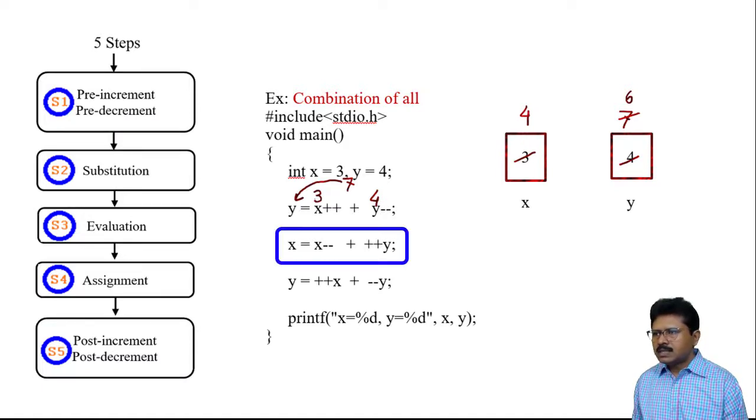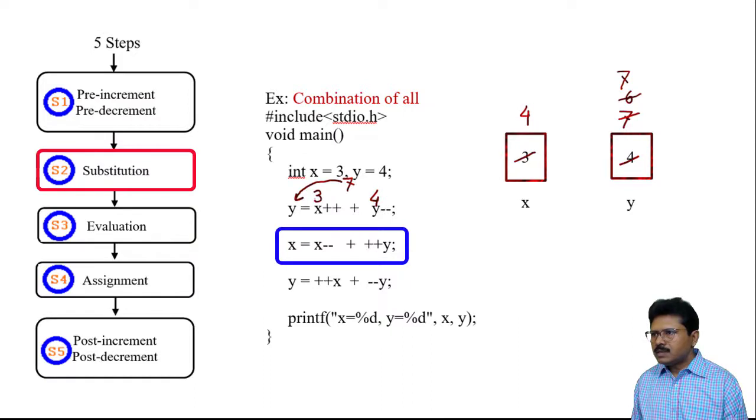Now while this instruction is executed, similarly it will check, is there any pre-increment or pre-decrement? One pre-increment is here, ++y, so y will be incremented by 1. Next it will come to the substitution step.